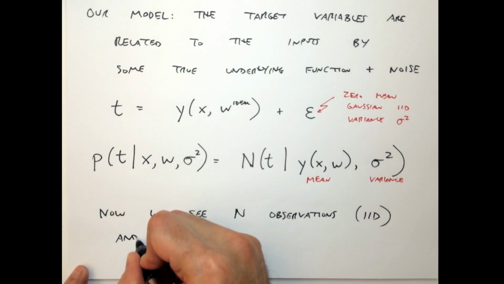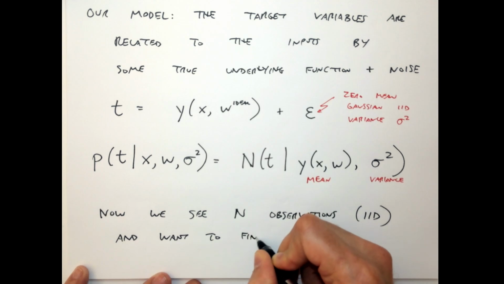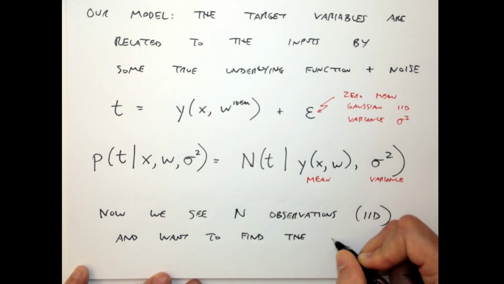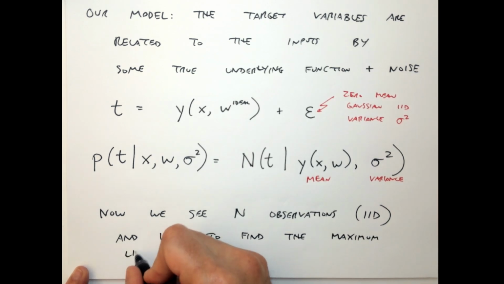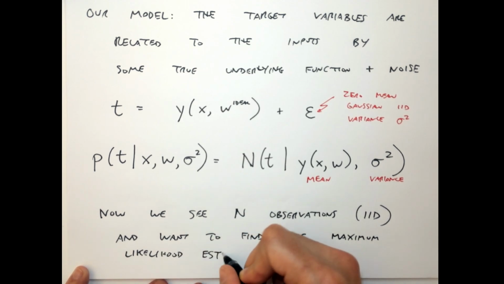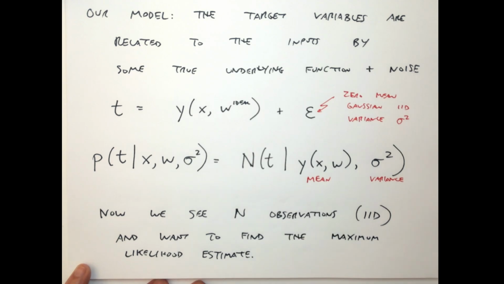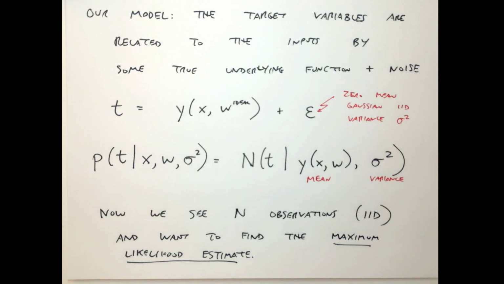And we want to find the maximum likelihood estimate. That's like saying, what values of the W's maximize the corresponding likelihood of seeing them?